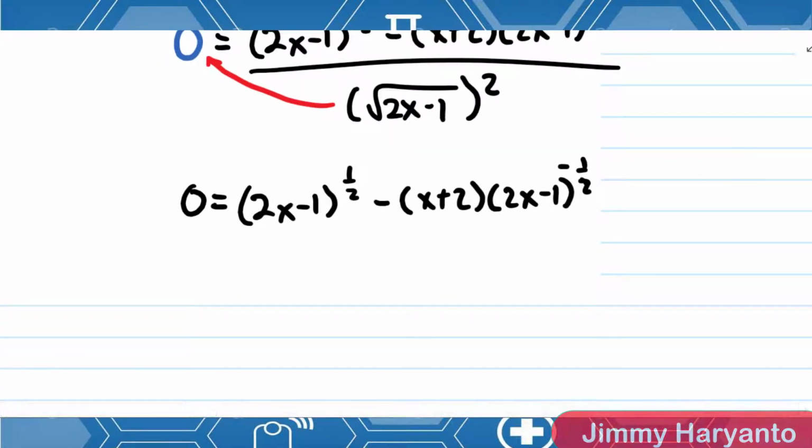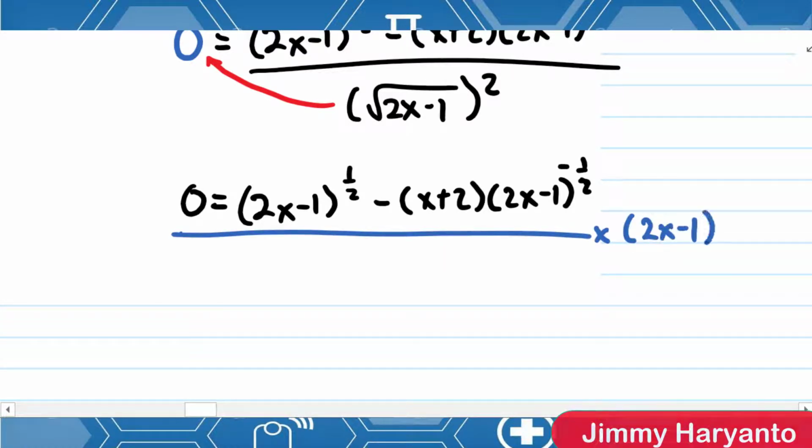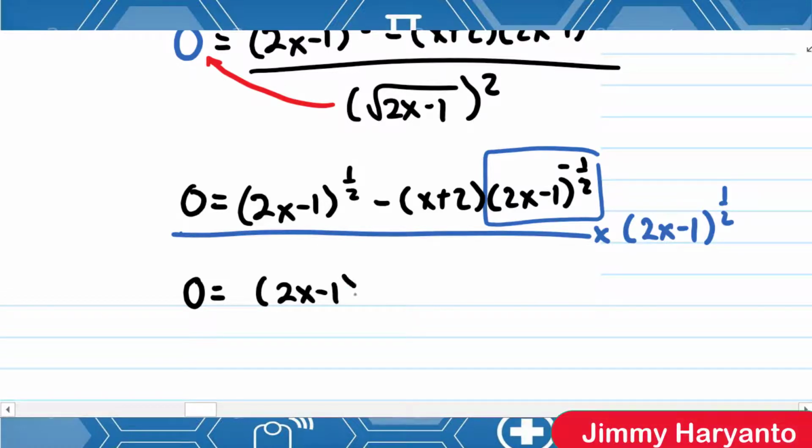After that, I can multiply them all by (2x minus 1) to the power of half to make this disappear. So it will be 0 equals (2x minus 1) to the power of half times (2x minus 1) to the power of half. You have to add the powers: half plus half equals 1. So this one will be 2x minus 1.